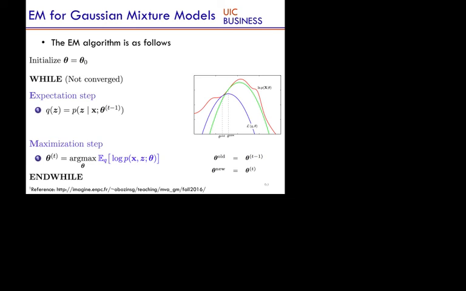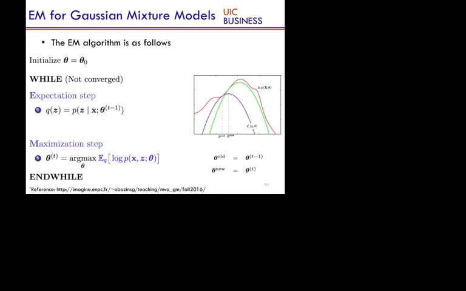EM is an algorithm where we are still trying to find the best parameters, the pi's, means and variances. We want to show that we are making progress, converging to a local optimum. This graph is just an illustrative graph, because first of all theta is not one dimensional.